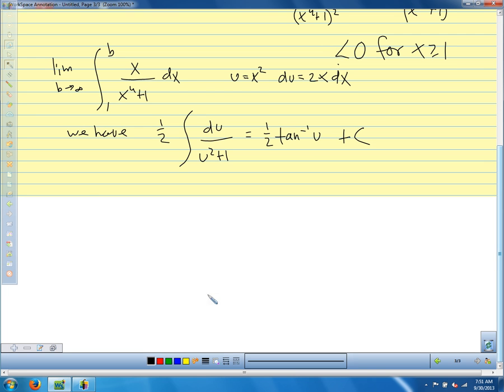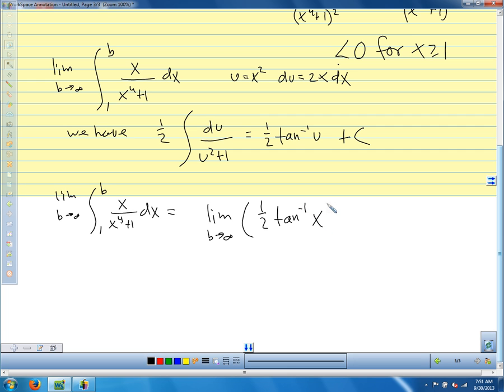All right, so we're looking at the limit as b approaches infinity of the integral from 1 to b of x over x to the fourth plus 1 dx, which equals the limit as b approaches infinity of 1/2 the inverse tangent of x squared evaluated from 1 to b.